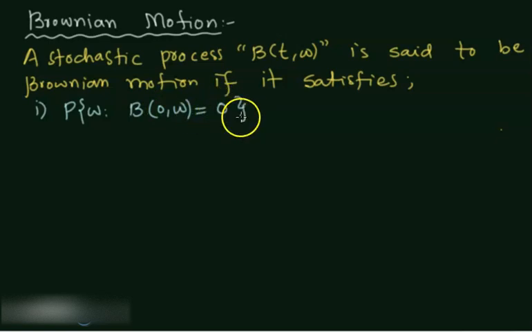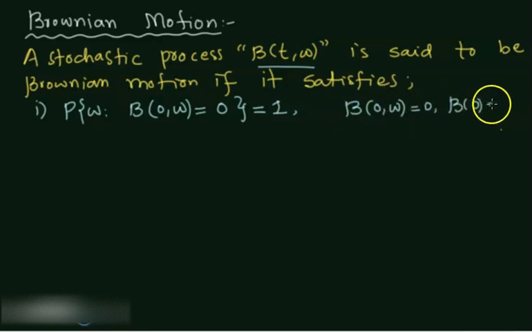is 100%. In other words, you can say that this process is 0 at time 0, or sometimes people write it B of 0 is 0, or in some notations sometimes we can also say that B naught is 0 when we represent this Brownian motion.